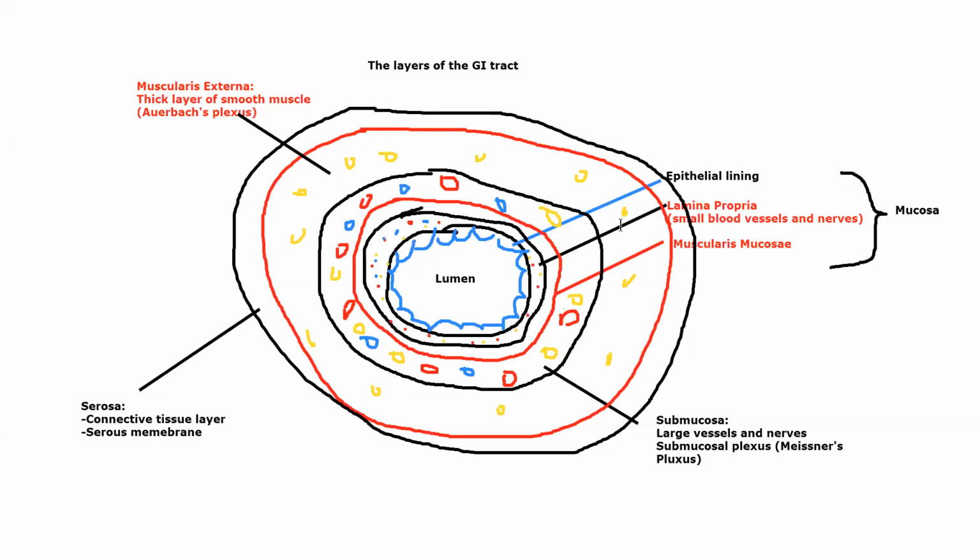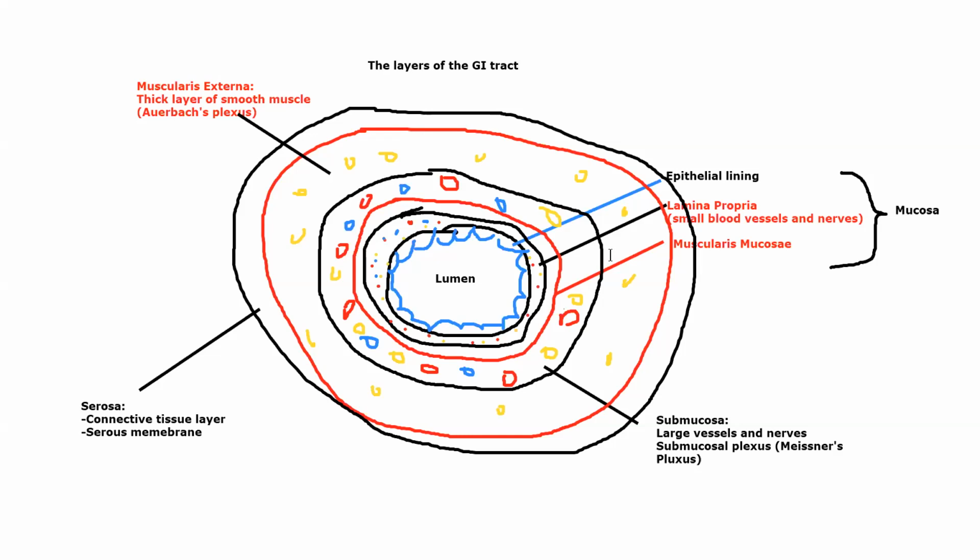Okay. So these are the 4 layers of the GI tract. We've got the mucosa, which has 3 inner layers, the epithelial lining, the lamina propria, which has small vessels and small nerves, the muscularis mucosa, which is a small layer of smooth muscle within the mucosa. Then we have the submucosa, which is the outer layer of the mucosa.